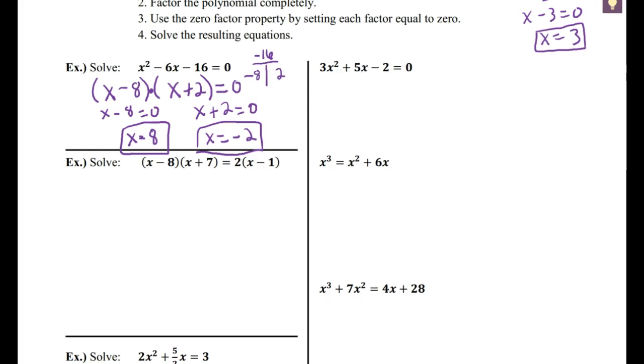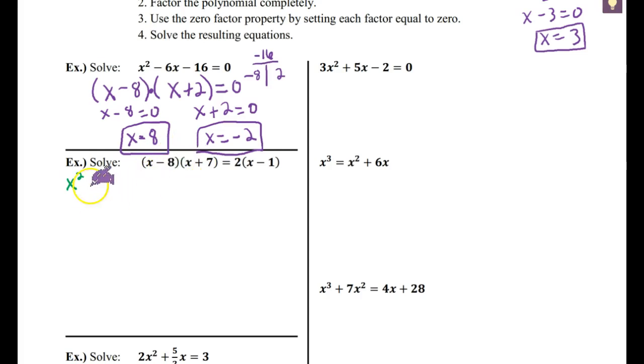So now, let's look at another one where it's not set equal to 0. In this case, I have some multiplication on that side, some multiplication over here, but there's no 0. So I have to start by multiplying all this out. So x times x will give me x squared.